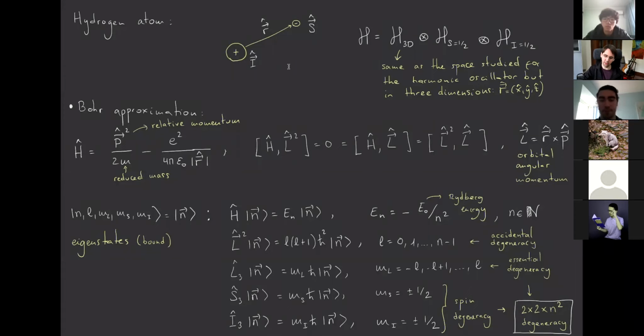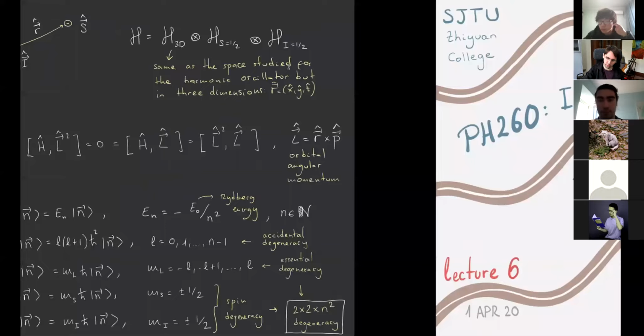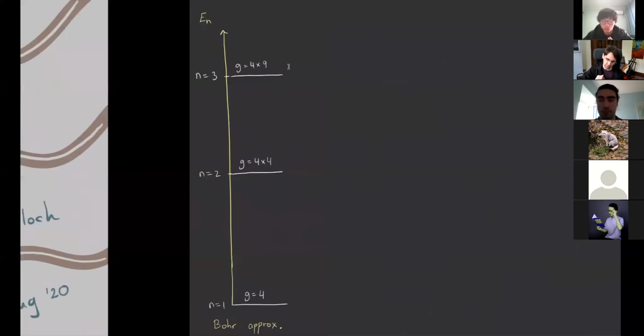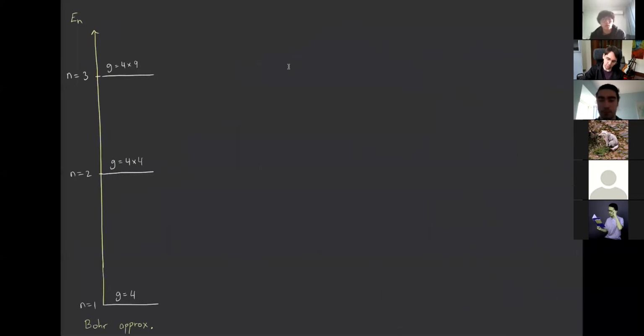In particular, let me start by showing you the following. In this slide I will be building the spectrum of the Hamiltonian, and I will be building more and more spectra depending on the approximation of the Hamiltonian that we are studying.